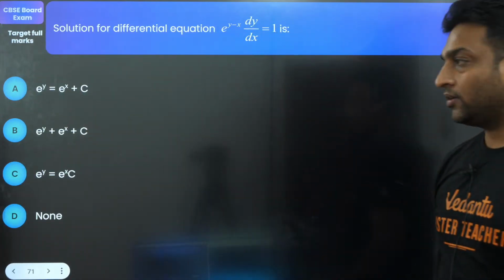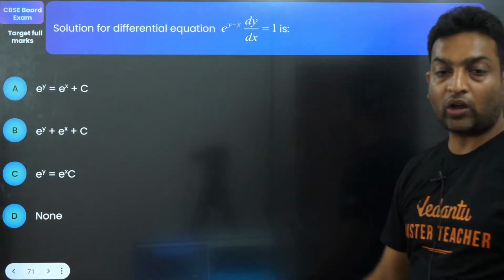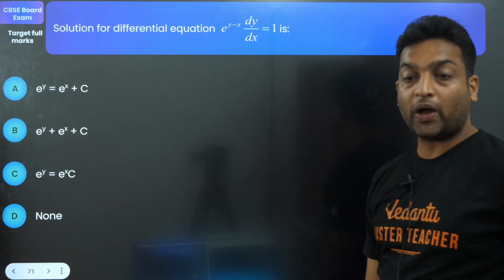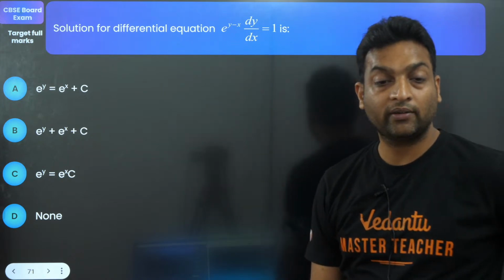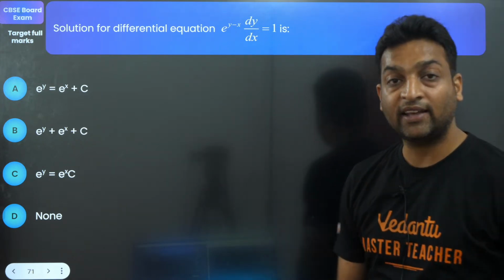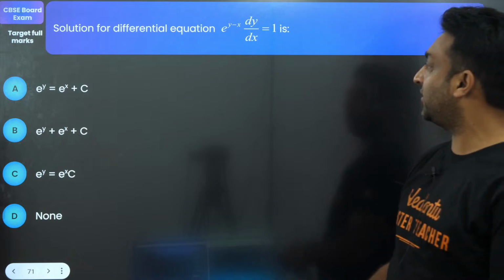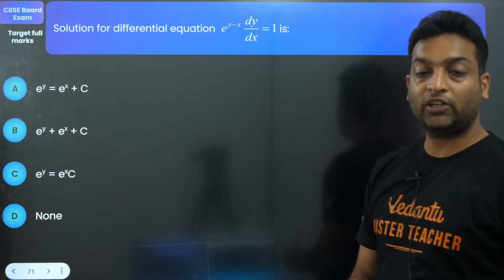Let's solve this differential equation. Come on. e raised to power y minus x into dy by dx equals 1.